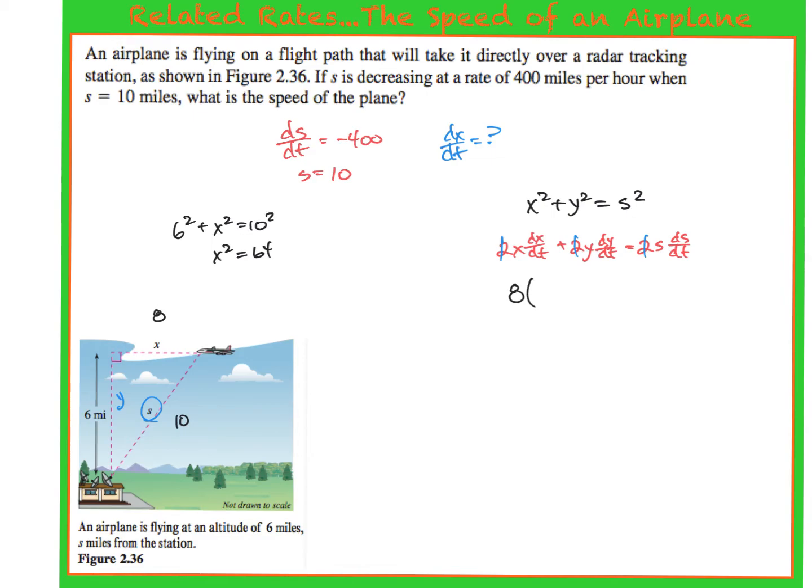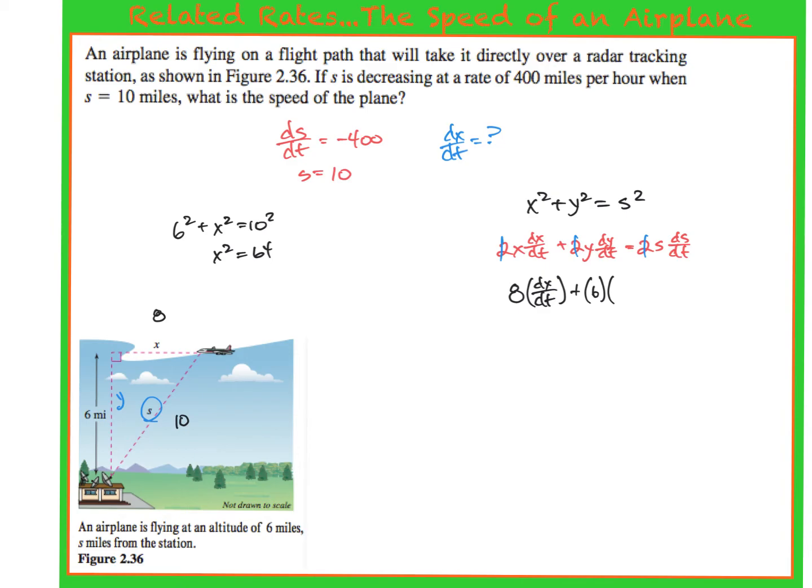And then, do I know my dx dt? No, that's what I'm solving for. So it's dx dt plus, what's my y? 6. What is my dy dt? They did give it to us. No, that's my y. What is my dy dt?